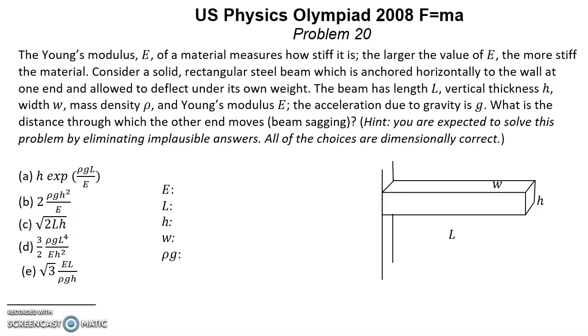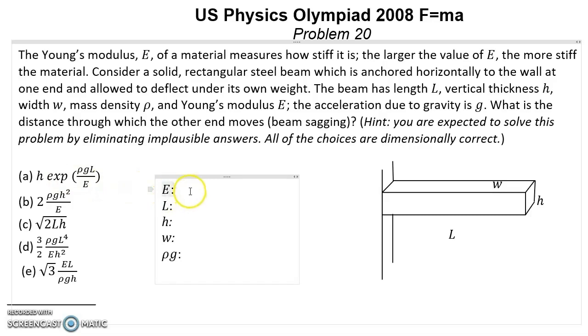So let's see, first A. If we increase E, this expression decreases, so that's a possibility. We can mark it here, A. Next one is B. Same thing, we increase E, deflection decreases, so B is correct.